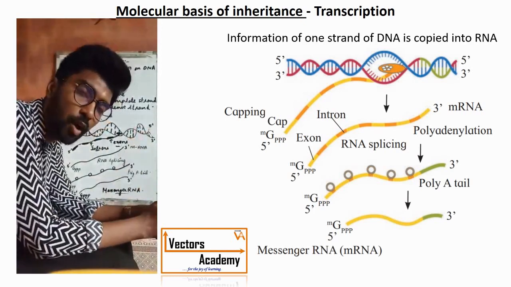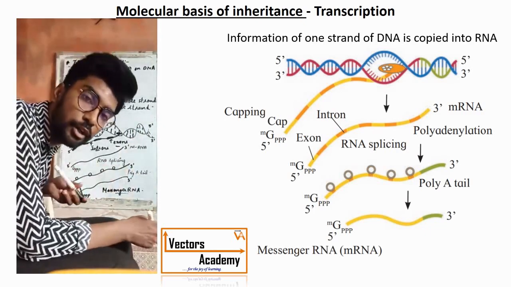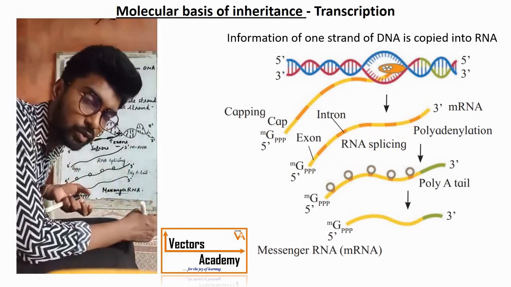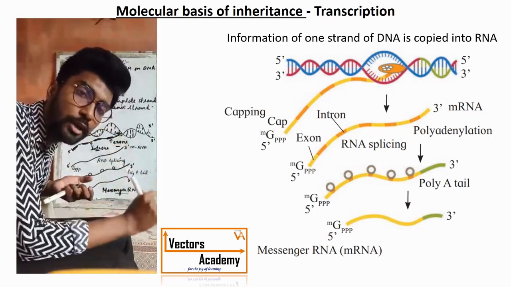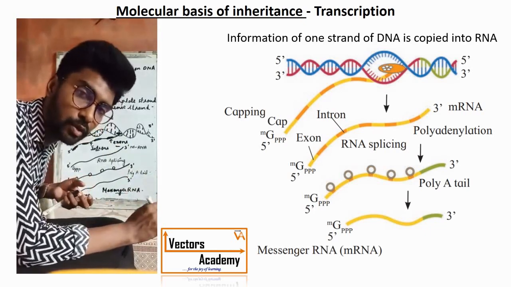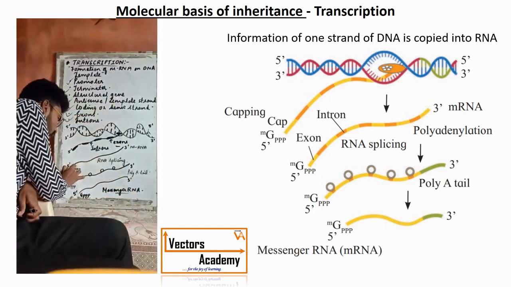The second step is called capping. Now, there is the addition of an unusual nucleotide, methylguanosine triphosphate. That addition takes place at the 5' end. This is your 5' end, correct?